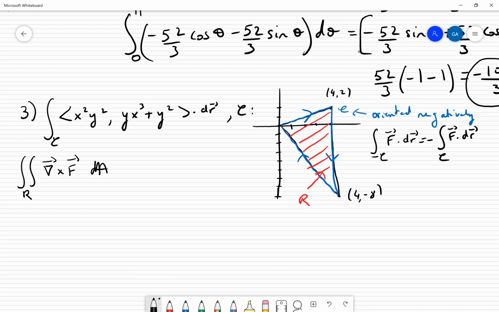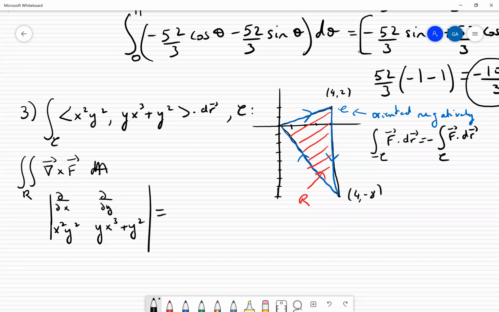So here I'm going to take the partial with respect to x, and then here, the partial with respect to y, and then this is the second component of F. So if I find the cross product, here is the determinant of that matrix.